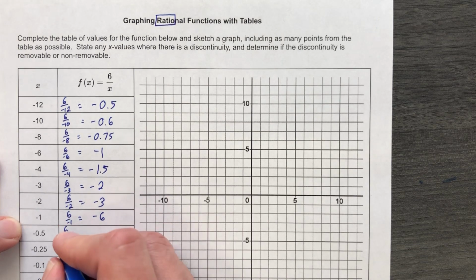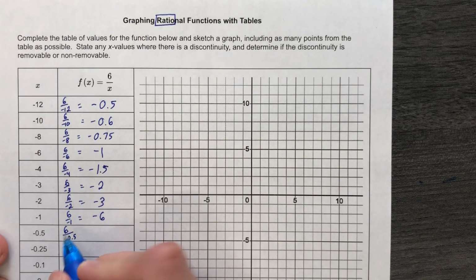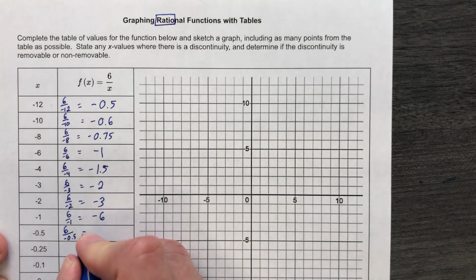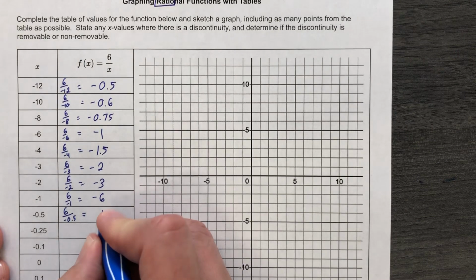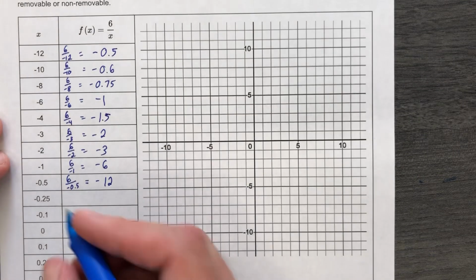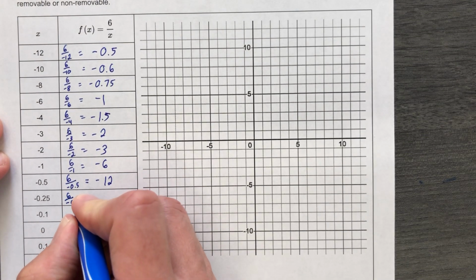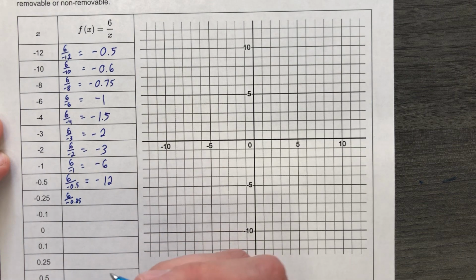6 divided by negative 1/2. How many times does a half go into 6? Well, if you had $6, you would have 12 half dollars. We are dealing with negatives right now, though. Let's see, 6 divided by negative 0.25. You had $6. How many quarters would you have?